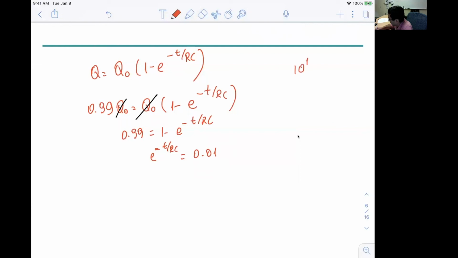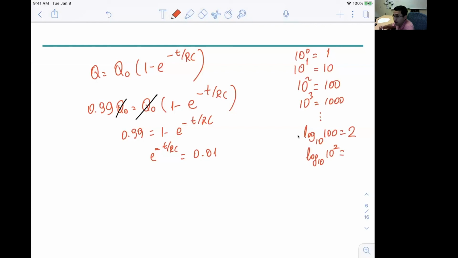You have 10 to the 1 equals 10, 10 to the 0 equals 1, 10 to the 2 is 100, 1000, etc. If you do logarithm in base 10, say for 100, it will be 2, because 100 is 10 to the 2, and log 10 and 10 to the power are going to cancel, and you will just have 2.